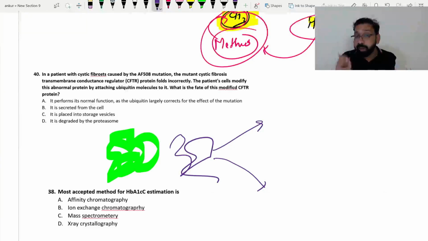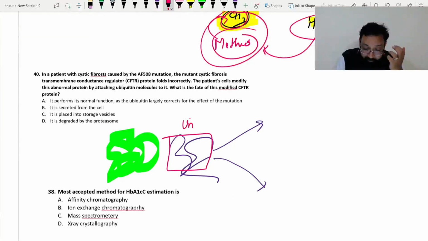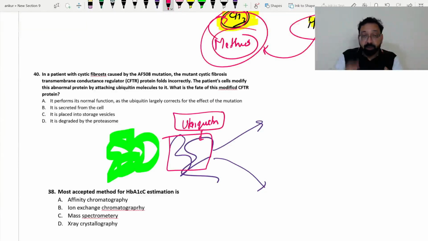No. When chaperone is unable to fold it correctly, chaperone will attach ubiquitin. This ubiquitin is a stamp that says, I tried my best but could not repair, better to degrade this protein.